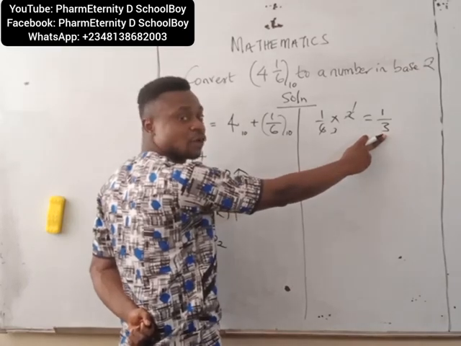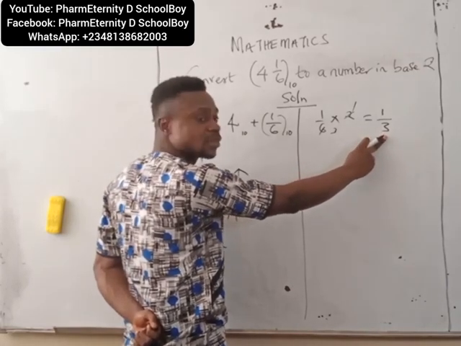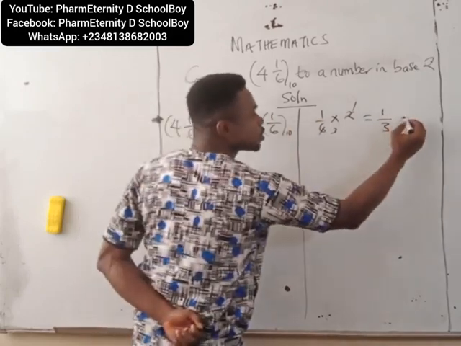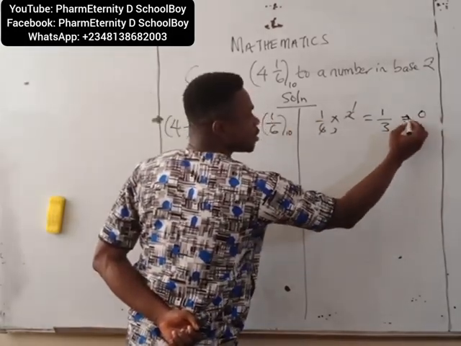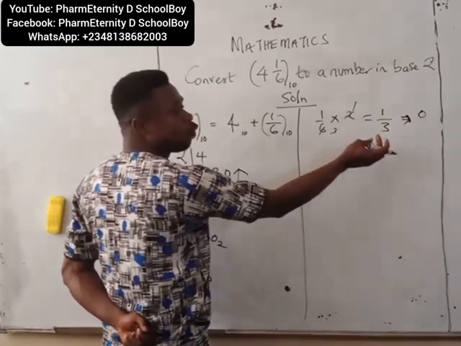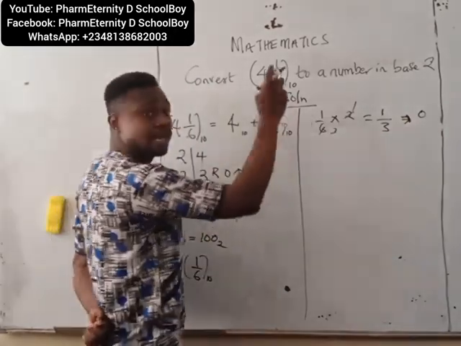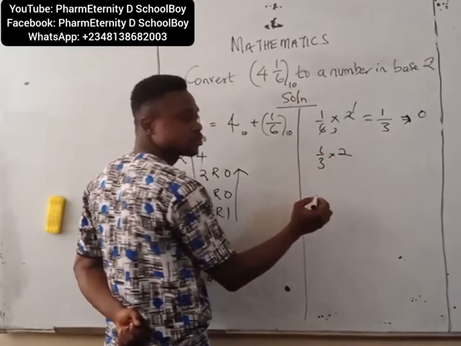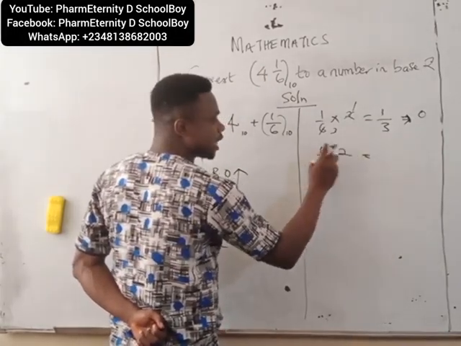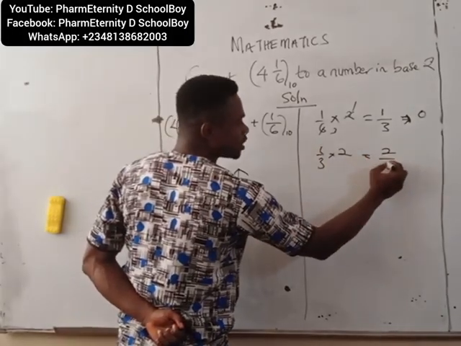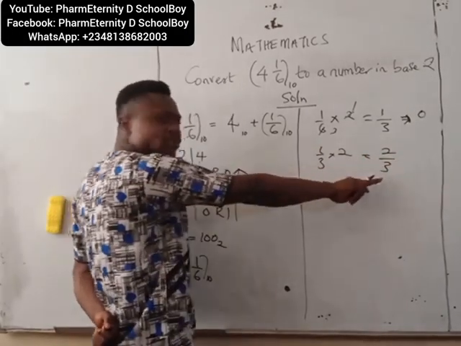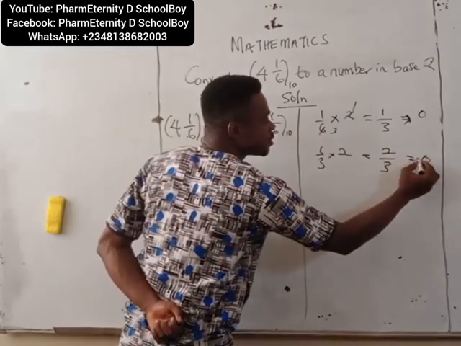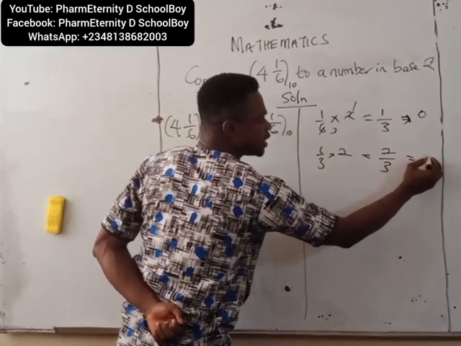If you divide this, we have 0.something. So we pick 0 because it's not up to 1, and push this 1/3 back to multiply by 2 again. So we have 1/3 times 2, which is 2/3. It's still not up to 1. So we pick 0 again.